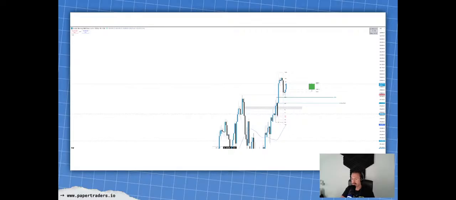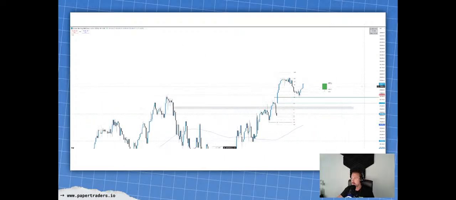One thing on the 4 hour that I am watching is the FVG that has formed here to the downside. If the body of the current 4 hour candle closes below the FVG top, we could be looking for some more downside here on the 4 hour. Otherwise, the 4 hour could see a solid continuation.